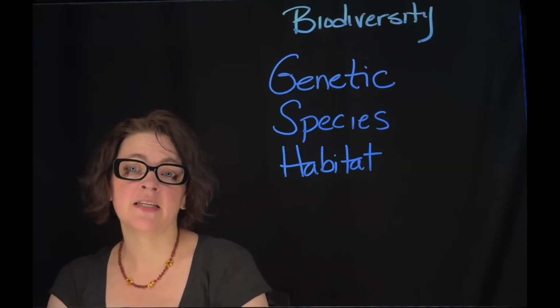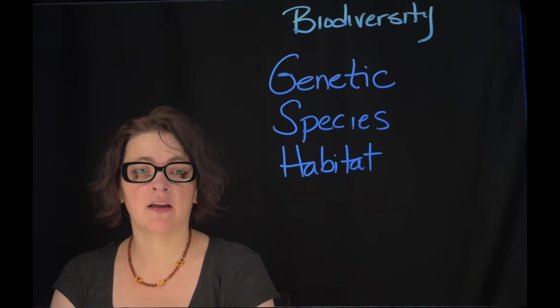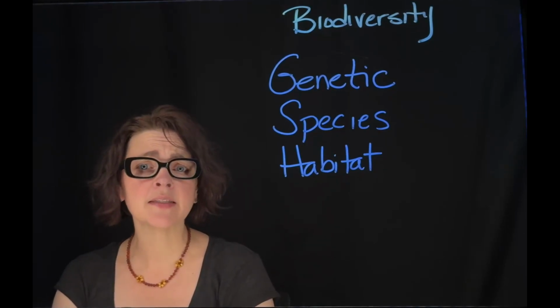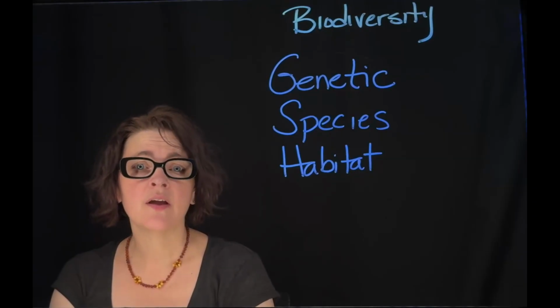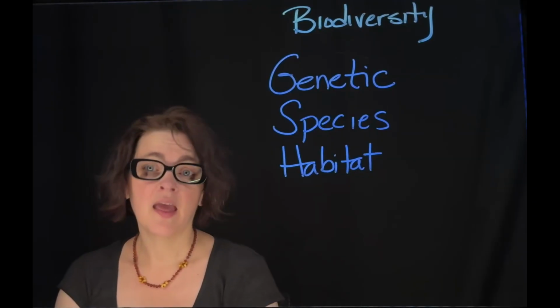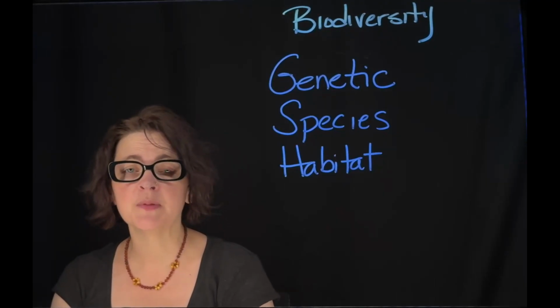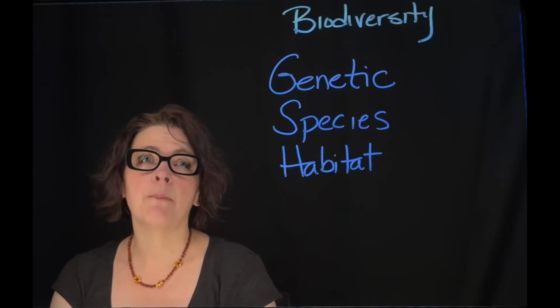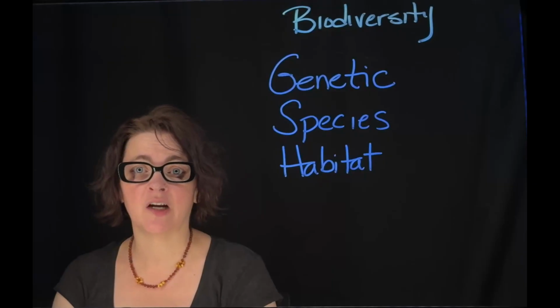Essentially what these two equations are looking at is the number of species, or the species richness, and how many of each of the species are there, or species evenness. It takes into account the number of species in an area, as well as the amount of each species in an area, and takes a look at how diverse that area is.